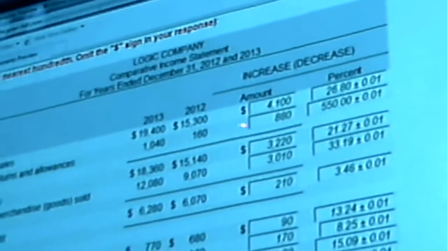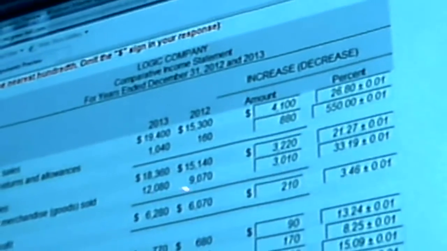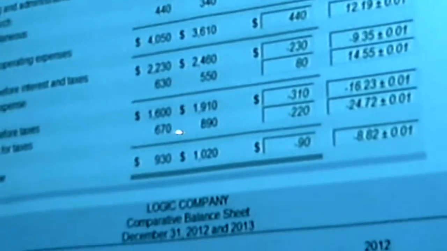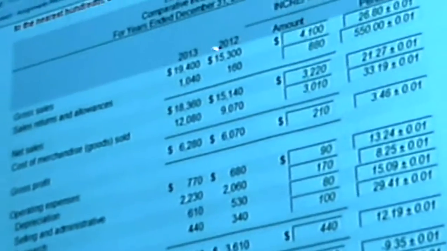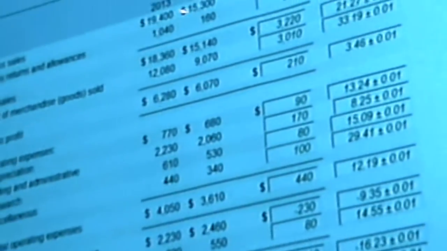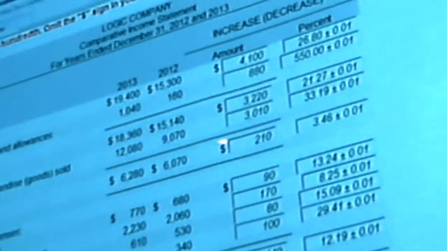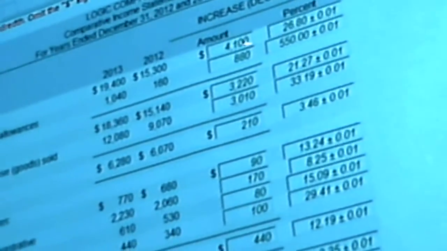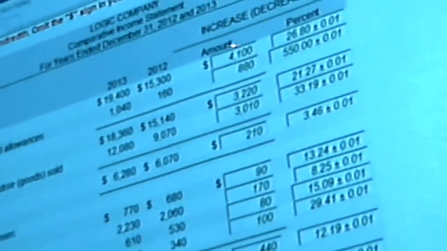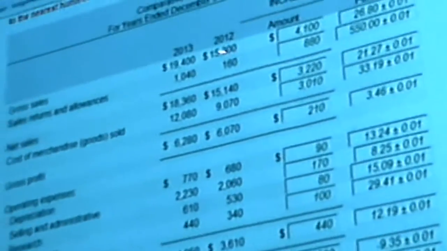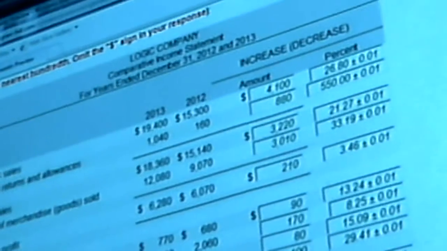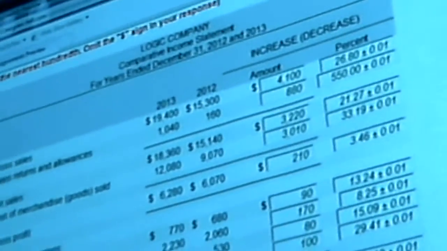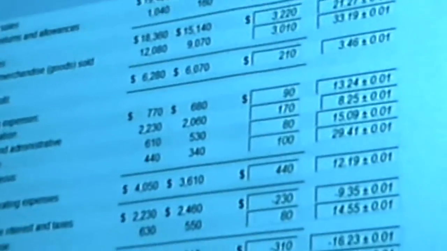Here's a minus sign all the way down. Horizontal, minus right here. And that's how we get all these answers. And then we take, for instance, the first one, 4,100, divided by the earliest year, 15,300, and we get 26.8%. And you do this all the way down until you get here.